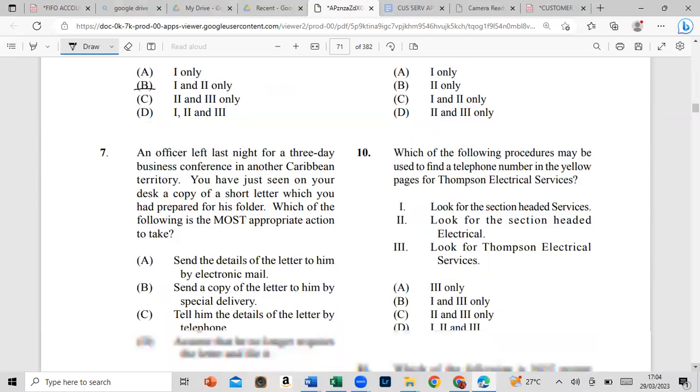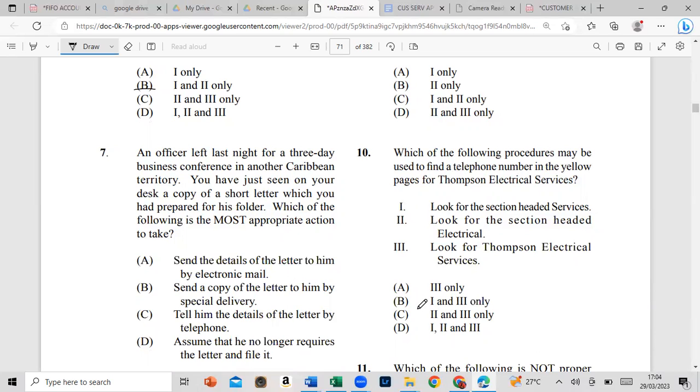An officer left last night for a 3-day business conference in another Caribbean territory. You have just seen on your desk a copy of a short letter which you had prepared for his folder. Which of the following is the most appropriate action to take? Notice it says most appropriate.